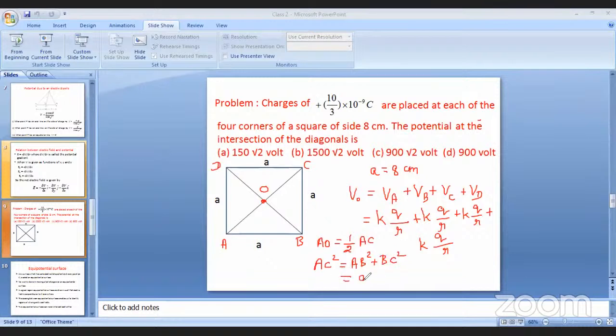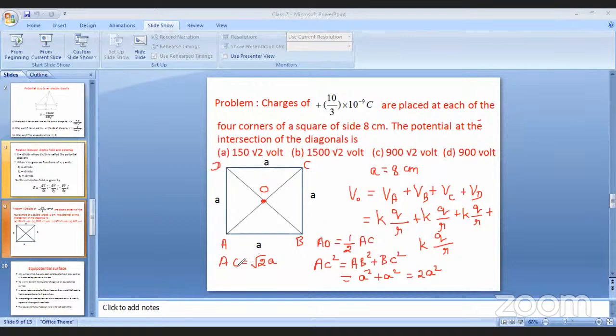AB is A, so A squared plus A squared, which is 2A squared, that is AC squared. So AC equal to root 2A.